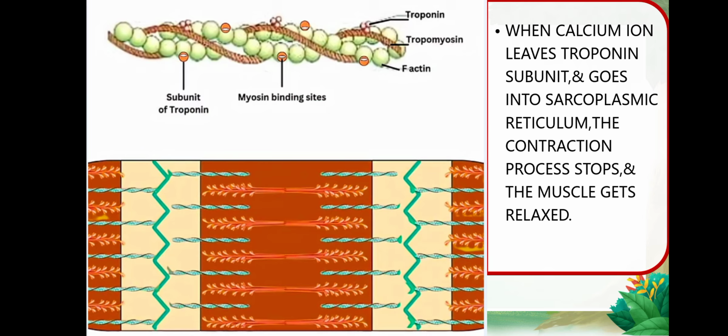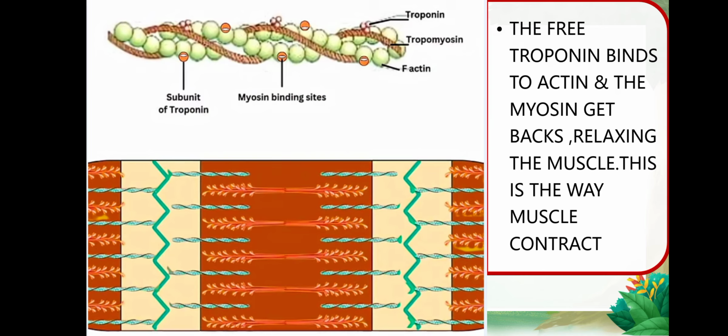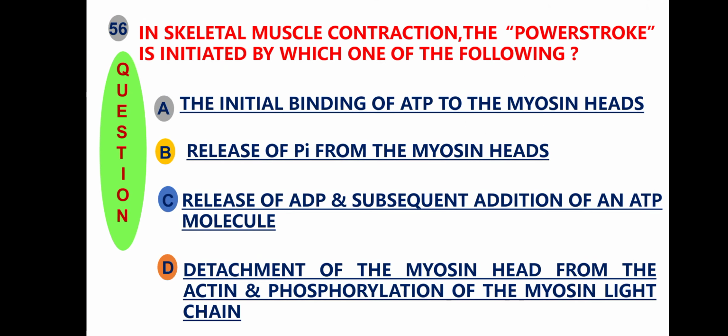When calcium ion leaves the troponin subunit and goes into the sarcoplasmic reticulum, the contraction process stops and the muscle gets relaxed. The process continues again and again, so that muscle contraction occurs as needed. So let's see the question.